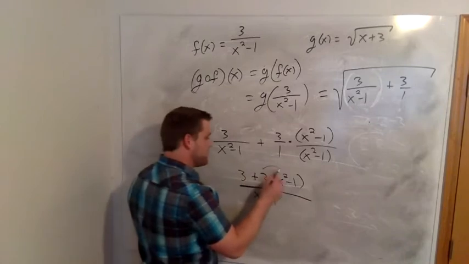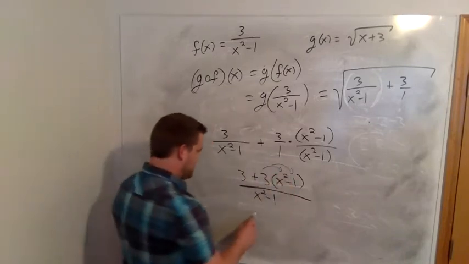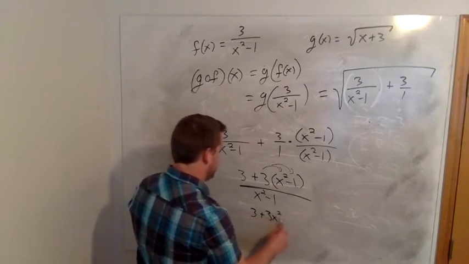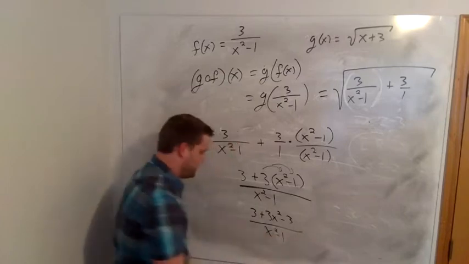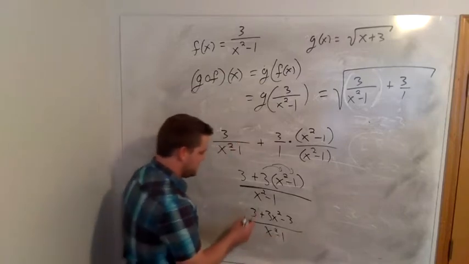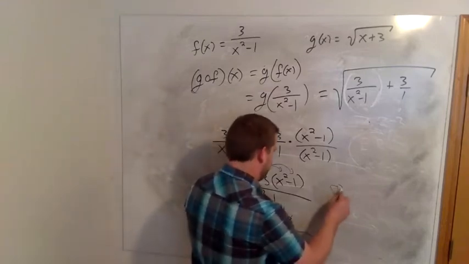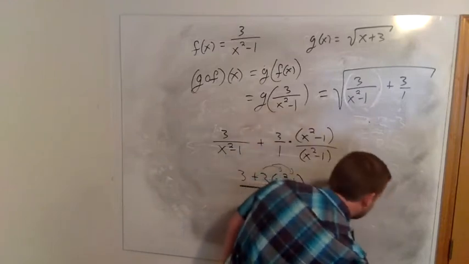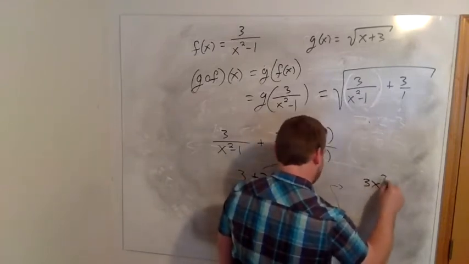Well, look, I have to remember that I need to distribute this 3 in. So we're going to be left with 3 plus 3x squared minus 3, all over x squared minus 1. No way. The 3 and the negative 3 cancel each other out. So moving it up over here, we get 3x squared over x squared minus 1.